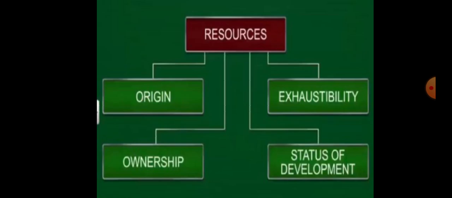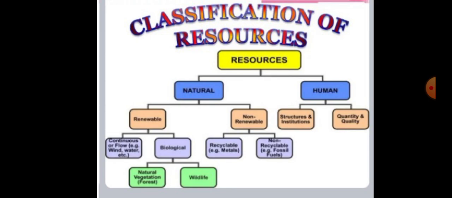The resources can be further classified on the basis of origin, on the basis of ownership, exhaustibility, status, and development. Classification of resources. If we further classify the resources into natural and human resources, we have renewable and non renewable. Under renewable, we have continuous or flow resources that are never going to end.